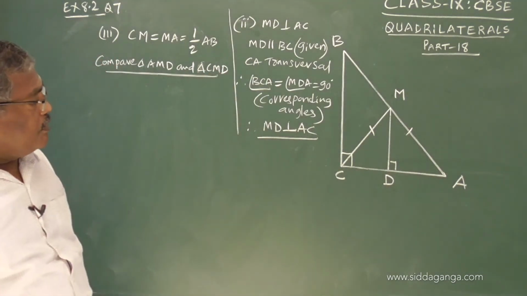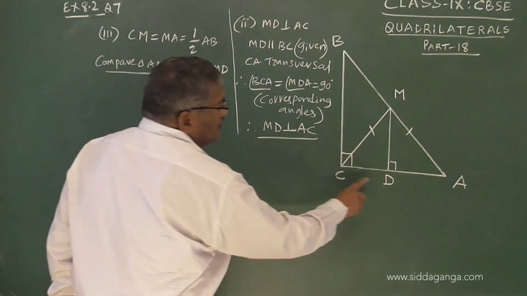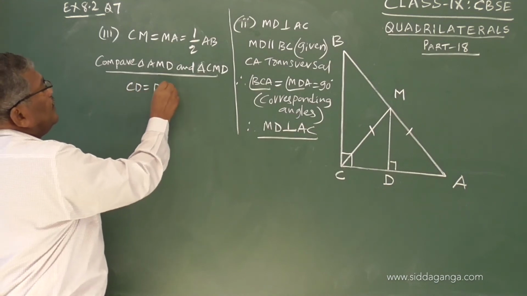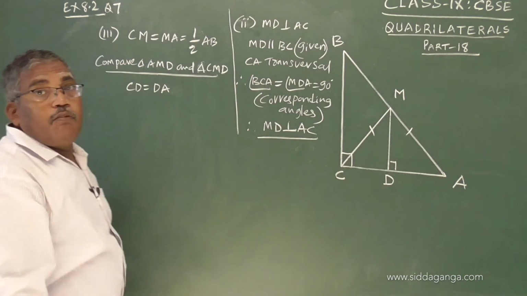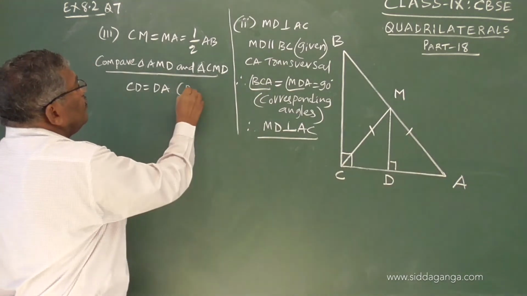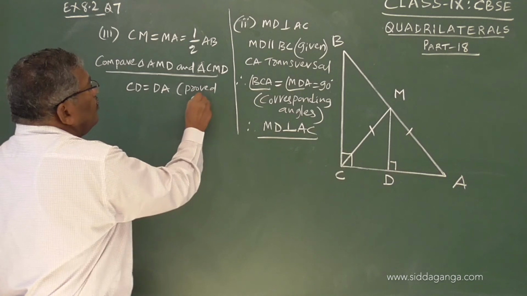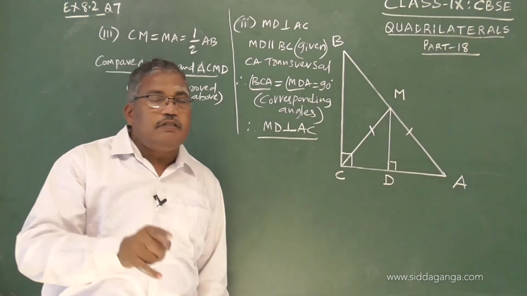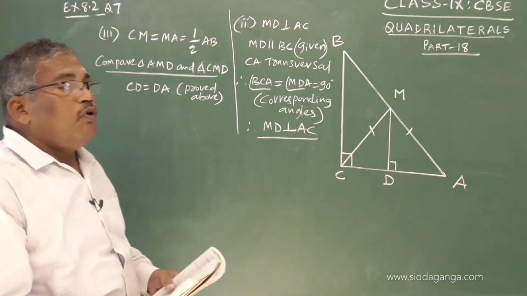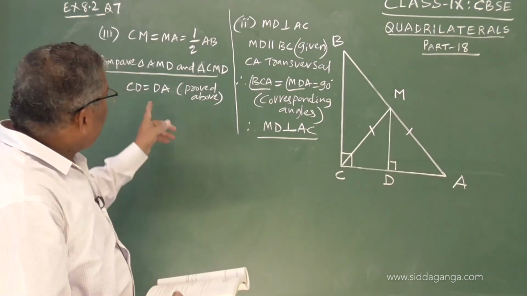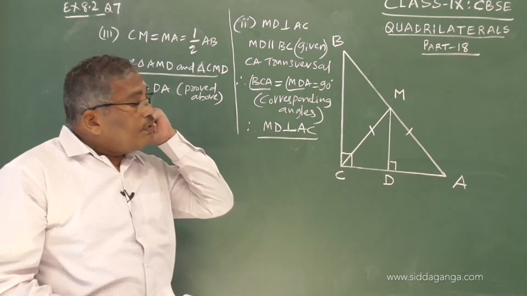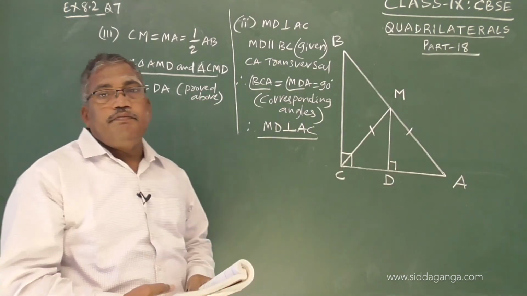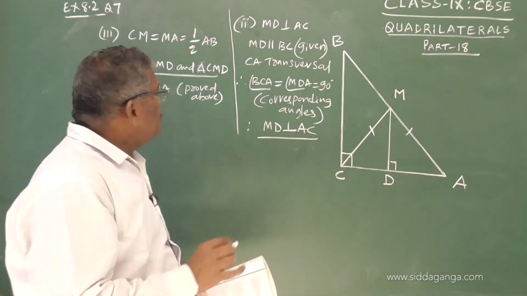So examine what happens. See, we have CD equals DA. We have proved above D is the midpoint. I will write proved above. This writing of reasons for every step is very important in the examination. If you simply write, it will not convince the examiner. For every step, you try to write appropriate reasons.